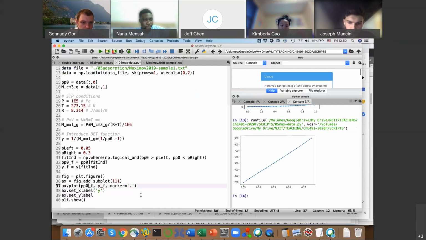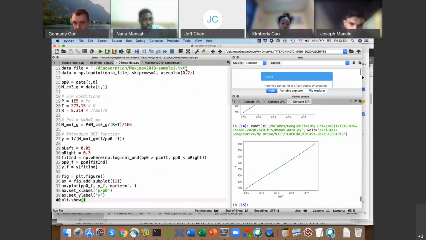Oh, no, this is my x-axis. So the x-axis was P over P naught, and the y-axis is Y. Okay, and hopefully it will work. Yep, it works, and now I have my axes which are labeled.